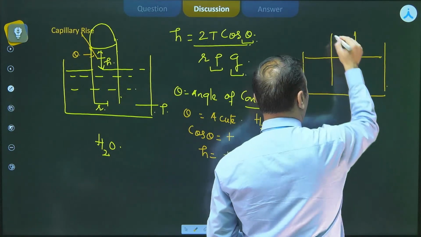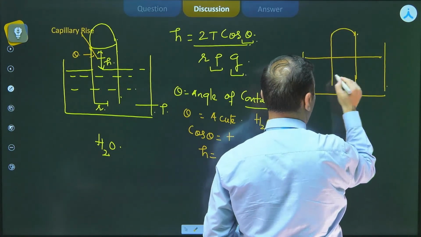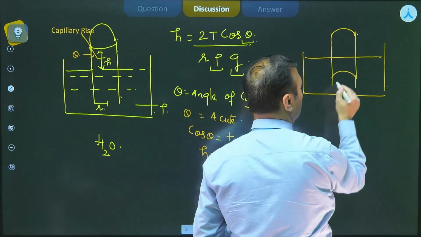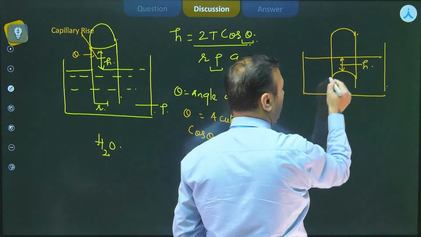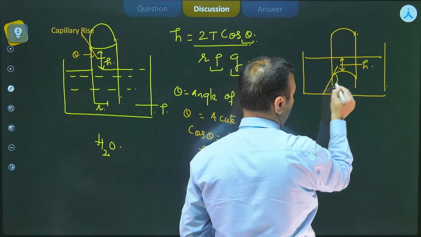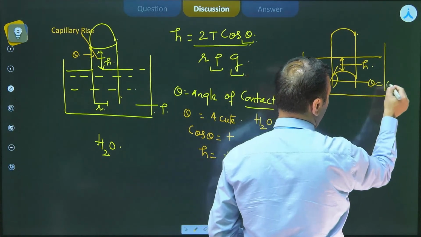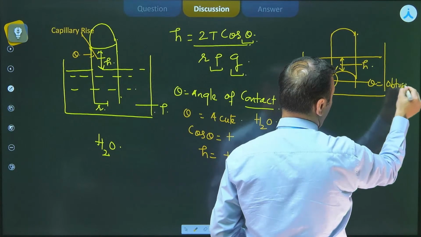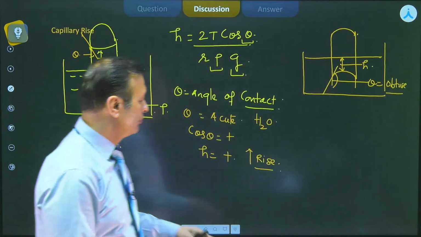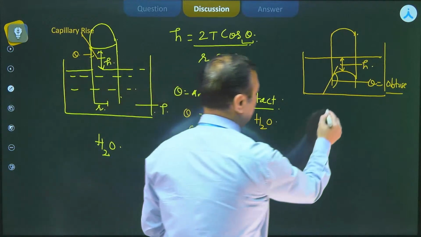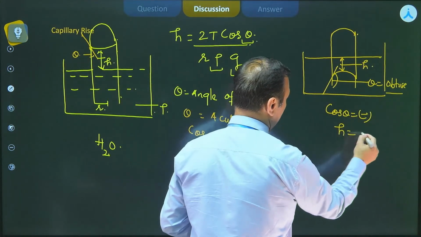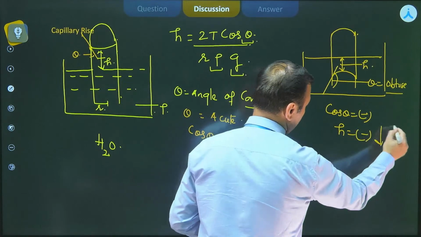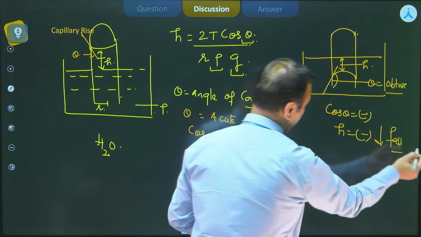But if you observe the case of mercury, in mercury the level will fall, and the angle of contact is obtuse. For this obtuse angle, cos theta will be negative and height would be negative, so that means there is a fall of liquid.